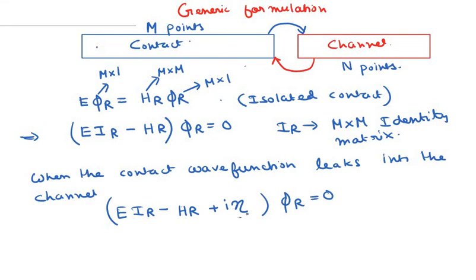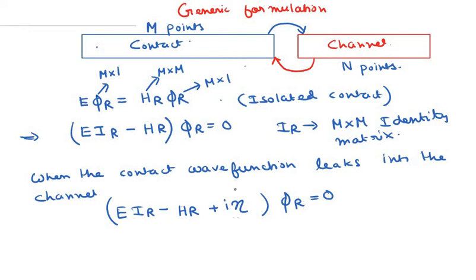So here eta is a very small term which basically indicates leakage of electrons into the channel, and we will later show that if eta is very small, and if the contact has a continuous density of states, then the results do not depend on this eta, but eta is important to actually take into account the leakage of contact wave function into the channel.